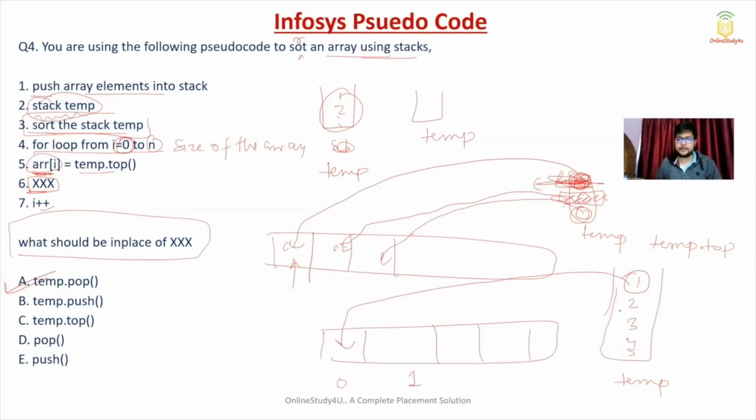Now so that next time 2 is on top, I'll just remove this from here. Now if I do ARR of I is equal to temp.top, 2 will come here. For that I will have to pop this element. So how can I pop it? By using temp.pop. So A is my correct option.